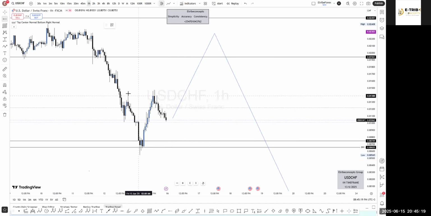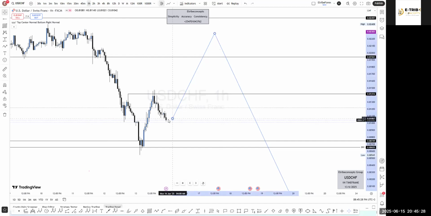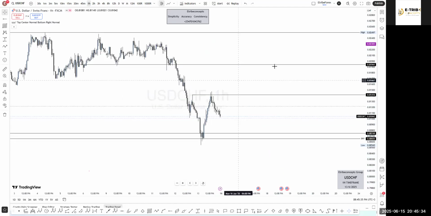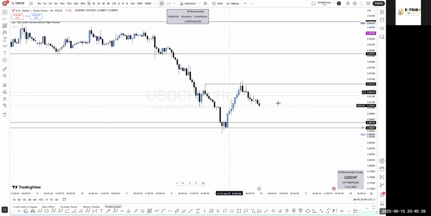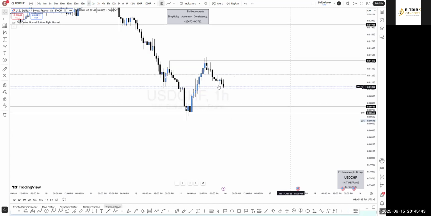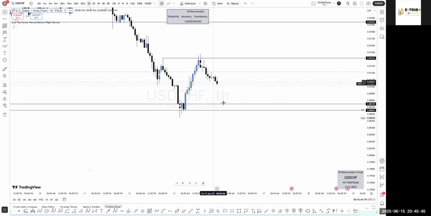Let's see. So the first scenario is price might push all the way up, but based on the dollar performance now, not considering the fundamental implication, we might continue selling. Actually, we might continue selling from here. That's 1 hour.